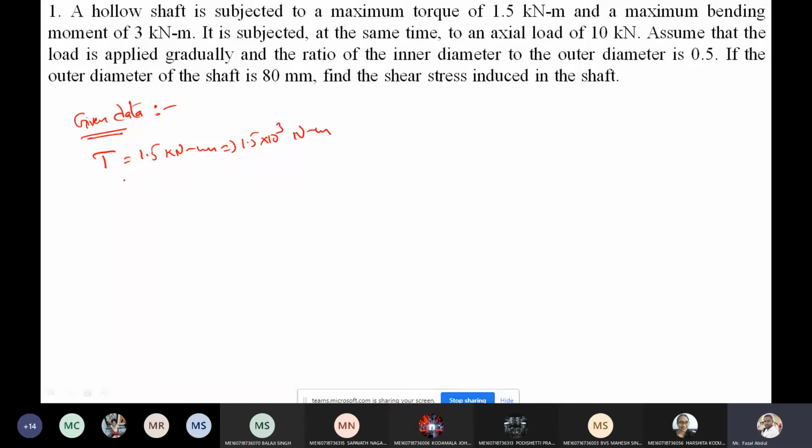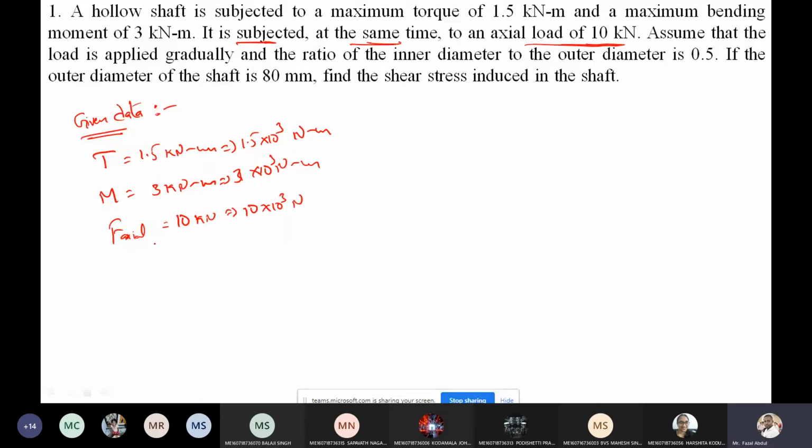The maximum bending moment is 3 kilonewton meter, converted to 3 into 10 power 3 newton meter. At the same time it is subjected to an axial load F of 10 kilonewtons, that is 10 into 10 power 3 newtons.